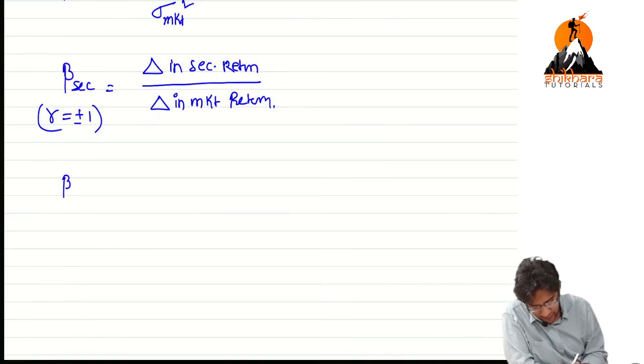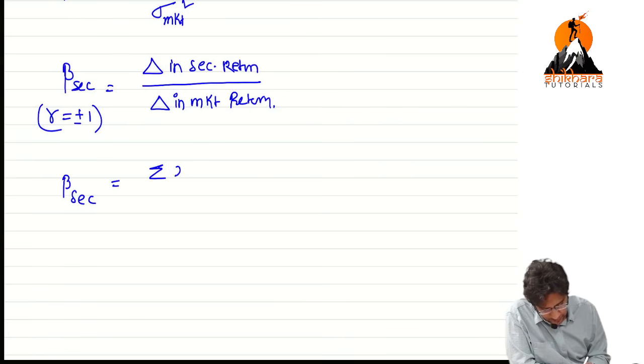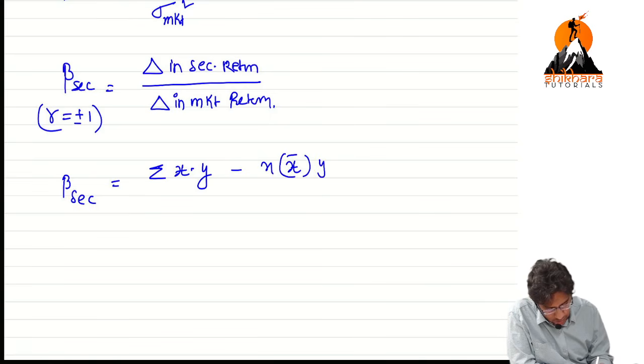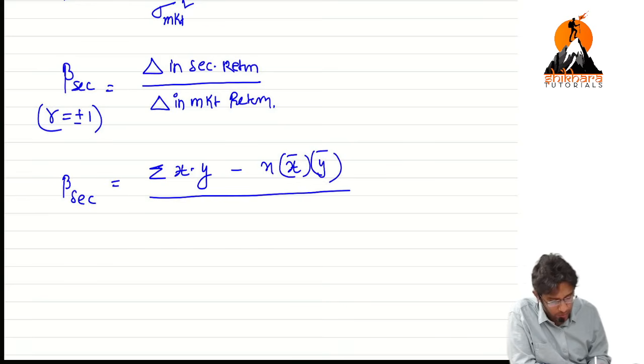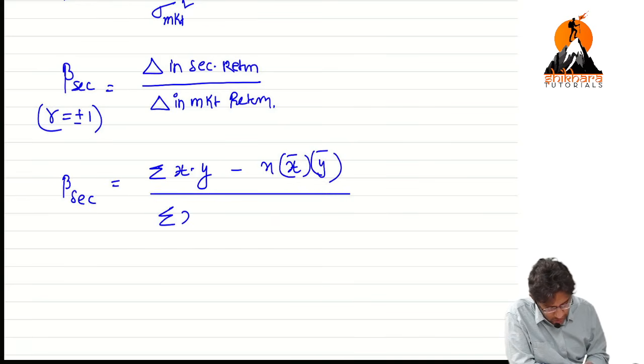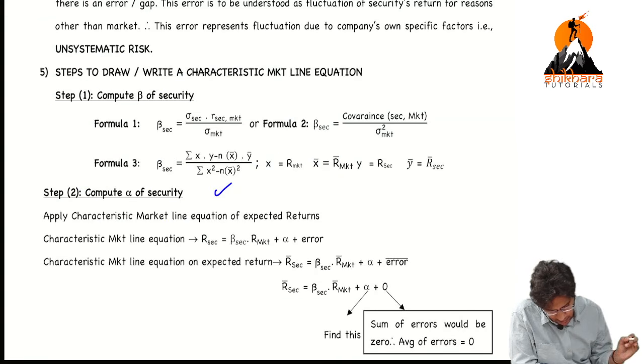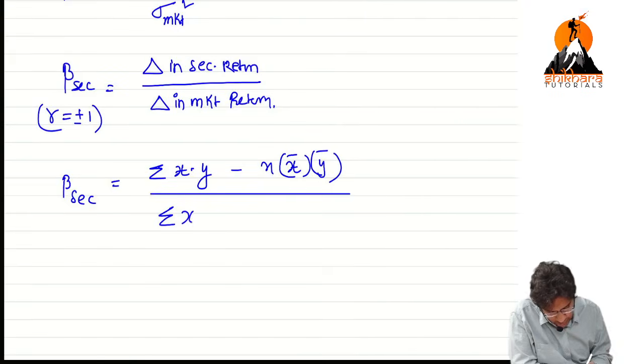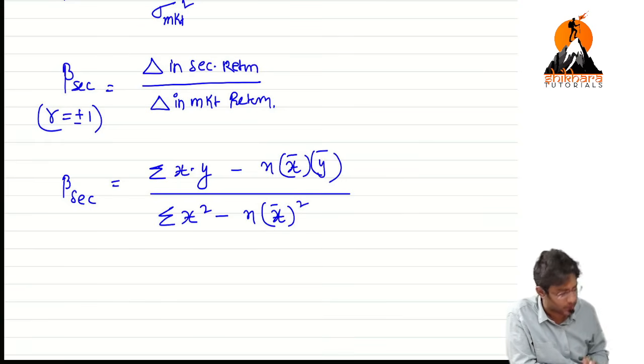No sir, there is an alternative formula also for that. Summation of x into y minus n into x bar y bar, divided by summation of x squared minus n x bar whole squared.